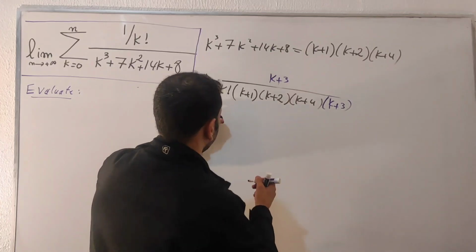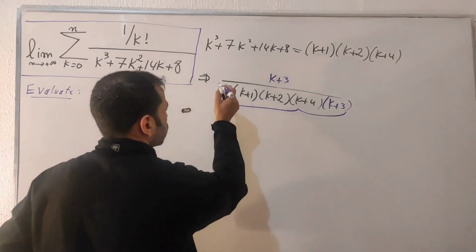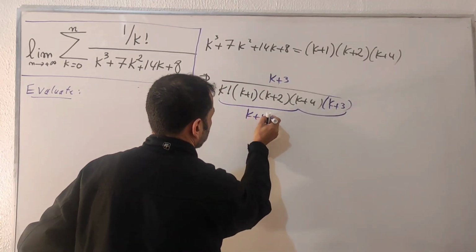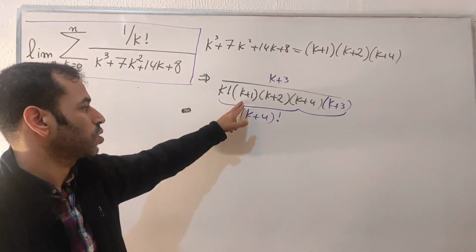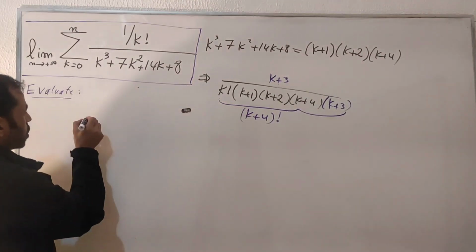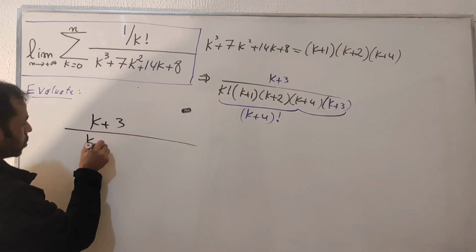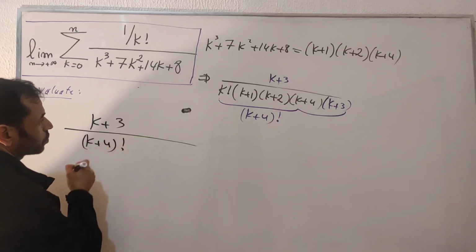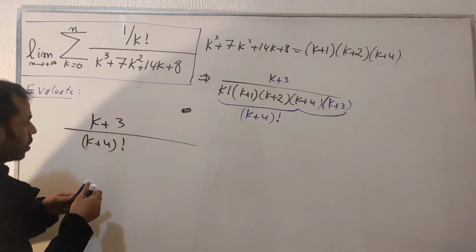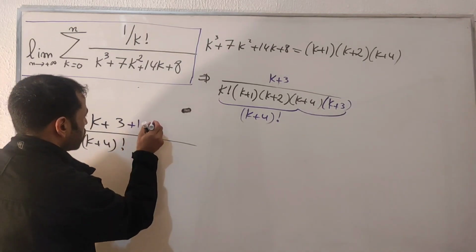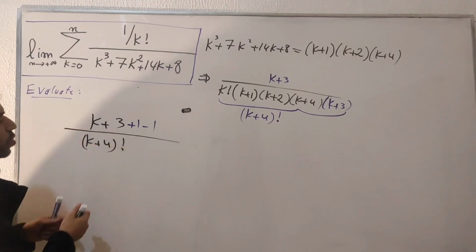So this k factorial combined with these factors is transferred into k plus 4 factorial, because if you distribute this, it is exactly equal. Now we get k plus 3 all over k plus 4 factorial. Since we have k plus 4, I'm going to add 1 and subtract 1 at the same time, then split this into two terms.